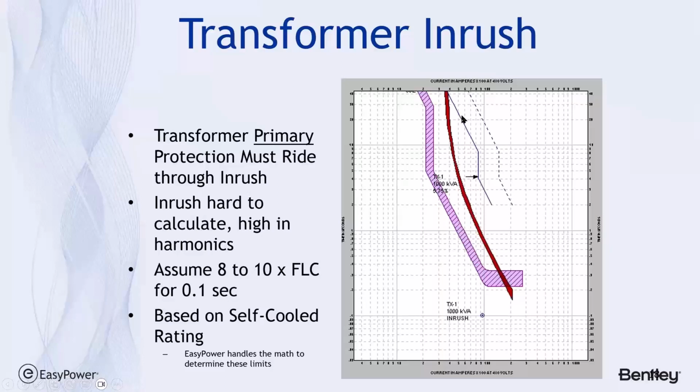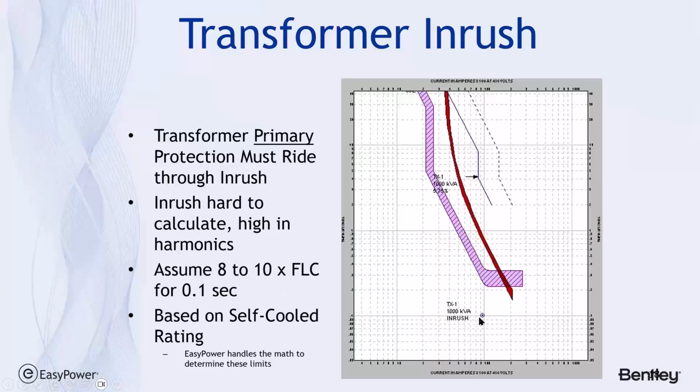The solid line is a 58% single line to ground for primary protection. So for any protective device we have, we want to make sure we stay to the left of one or both of these curves. The inrush is this little dot down here below it, and this is usually assumed to be 8 to 10 times the full load current of the transformer, at somewhere around 0.1 second.